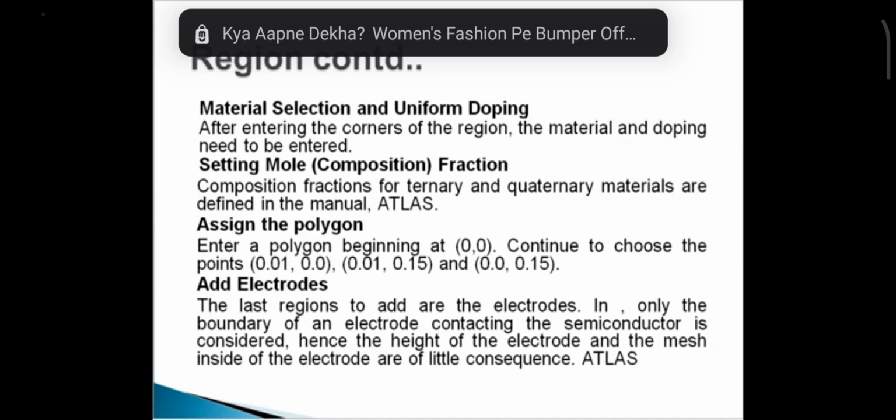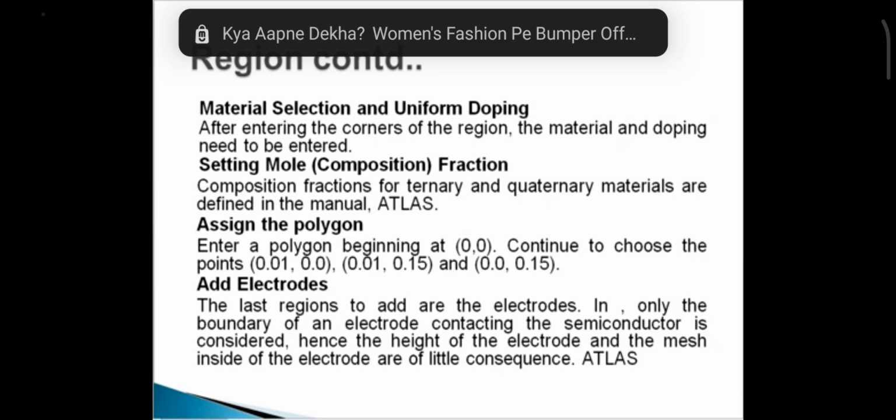Next, assign the polygon. Enter a polygon beginning at 0, 0. Continue to choose the point 0.001, 0, next point x1, x2, x3, x4 and so on. That will decide the area of a region in the work area. Next, in the region, you have to define the electrode.